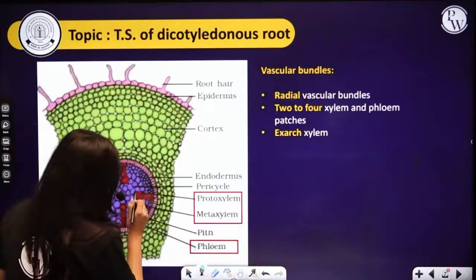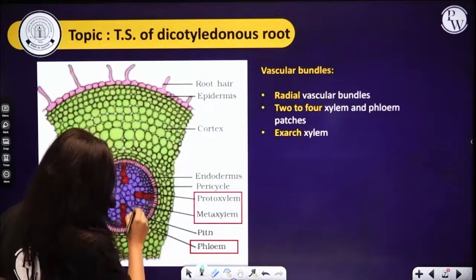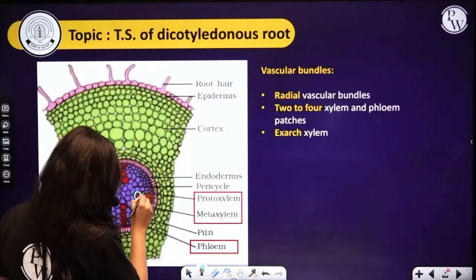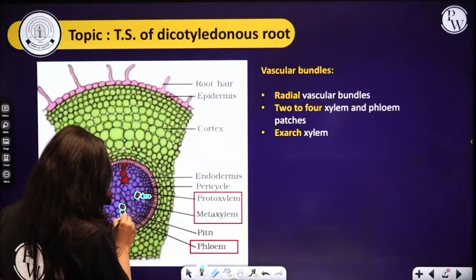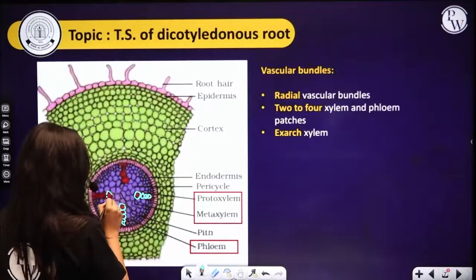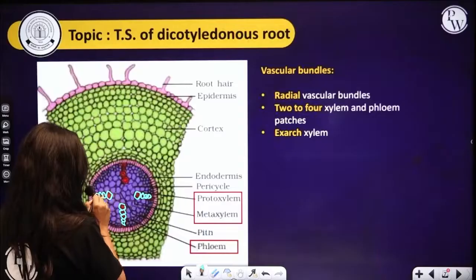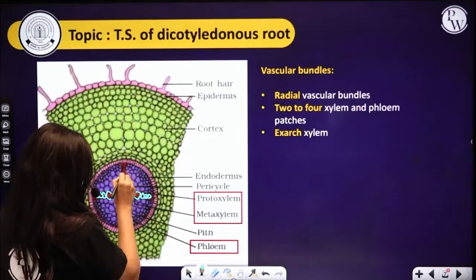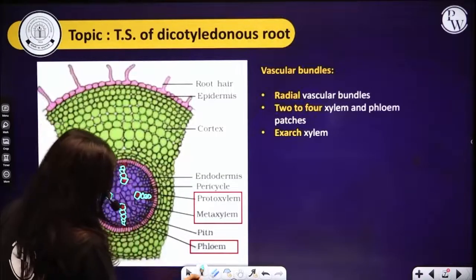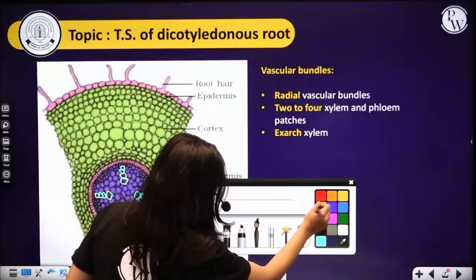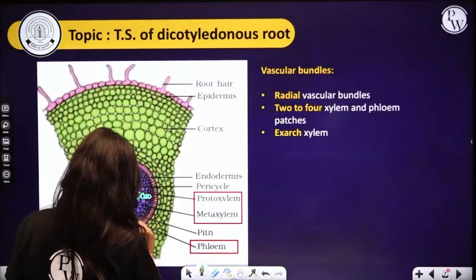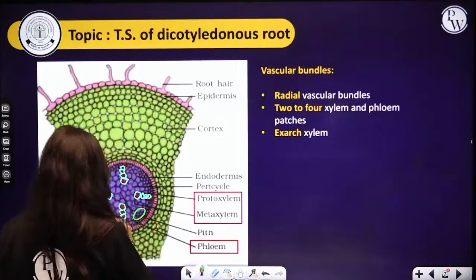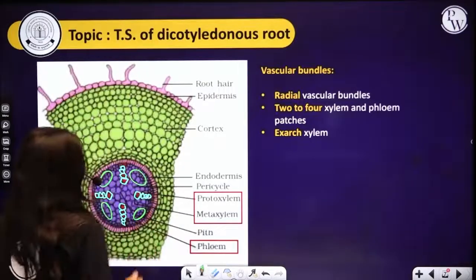So what I'm going to highlight here, this is our xylem. And here in between that, you will have phloem.